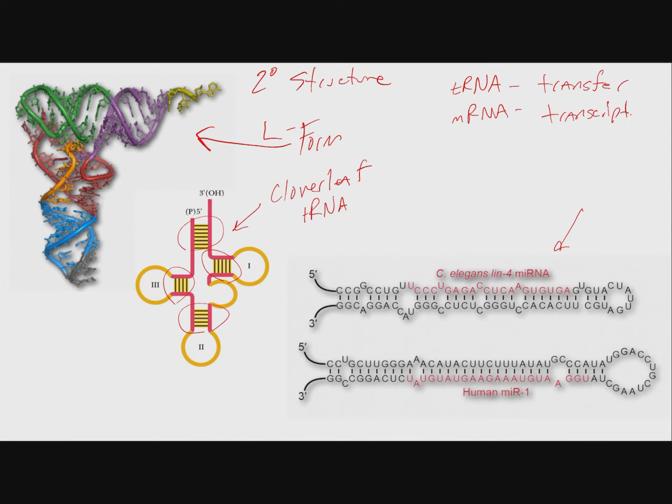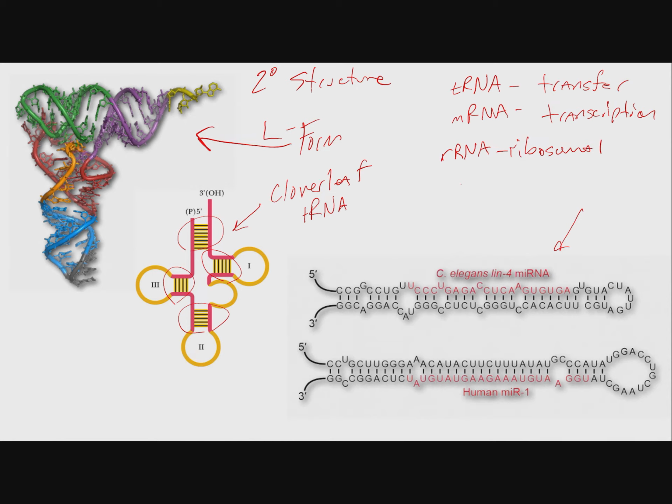This has the information for the amino acids in the formation of peptide. We have rRNAs, or ribosomal. A ribosome is kind of a ribozyme in that it's a protein with an RNA portion in it. This is also going to be involved in protein synthesis.